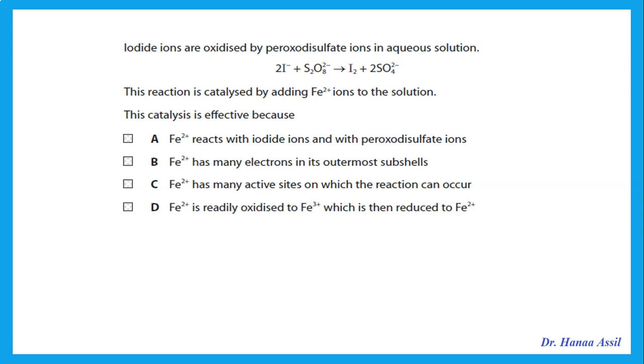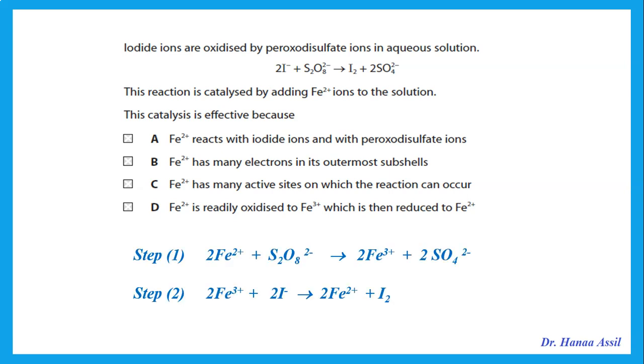This catalysis is effective because what? Why is it that the iron 2 plus can act as a catalyst here? We said what happens? The iron 2 plus is oxidized to iron 3 plus, and then the iron 3 plus is reduced back to iron 2 plus. So it acts as a catalyst effectively because the iron 2 plus is readily oxidized to iron 3 plus, and then it is reduced again, so the iron 2 plus is regenerated.